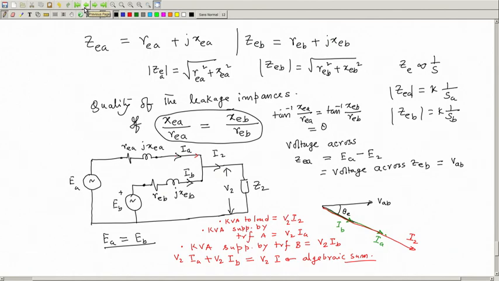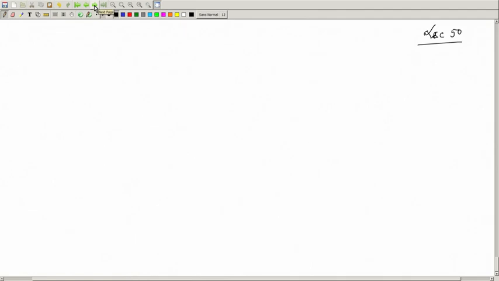Then whatever kVA is supplied by transformer A and by transformer B, just the algebraic sum of these two will come. Now, what is going to happen if this condition is not fulfilled?